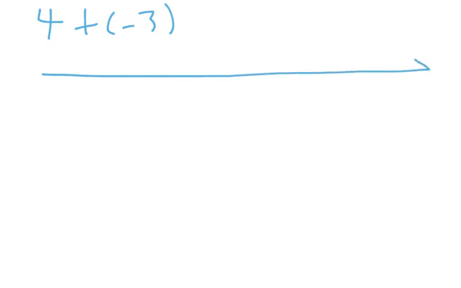What if we were going to add 4 plus -3? Again, I'm going to draw a number line here, attempting at each chance to make them neater and neater. Okay, I'm getting a little better. A positive number represents an arrow to the right.